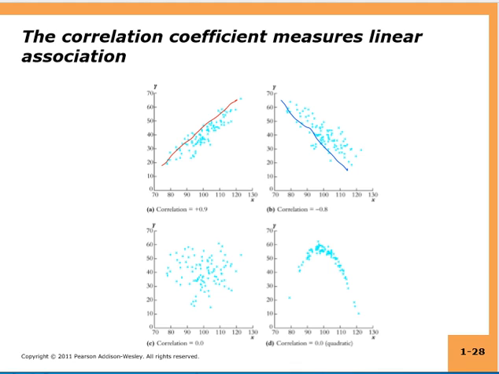In this particular case, for this range of values of x, as x goes up, y goes up, and for these values of x, as x goes up, y goes down. So, on average the correlation is 0, but just because on average the correlation is 0, you can't really say that there is no relationship between x and z.